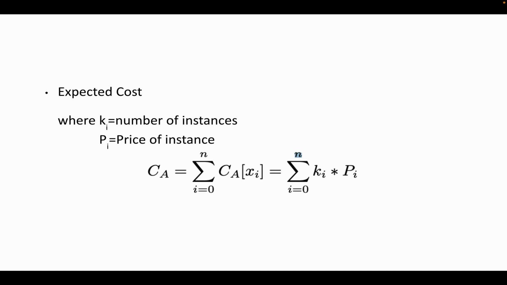If you are given a set of allocations, then the total cost for the given footprint is calculated as the sum over individual allocation costs, C_A of x_i. These individual costs are a multiplication of the number of instances and the price of that instance, and we sum over all the allocations to find the total expected cost.